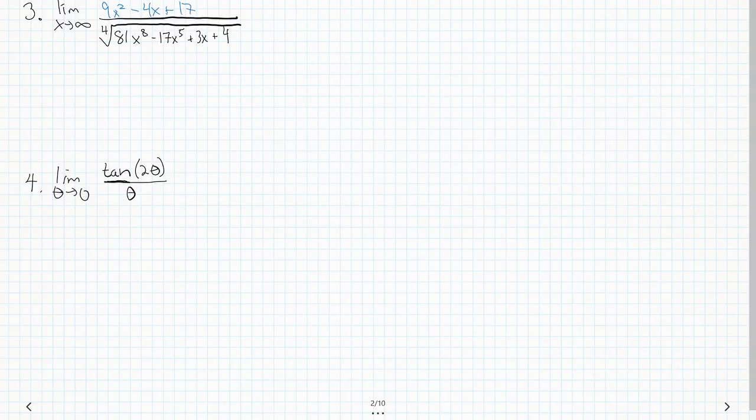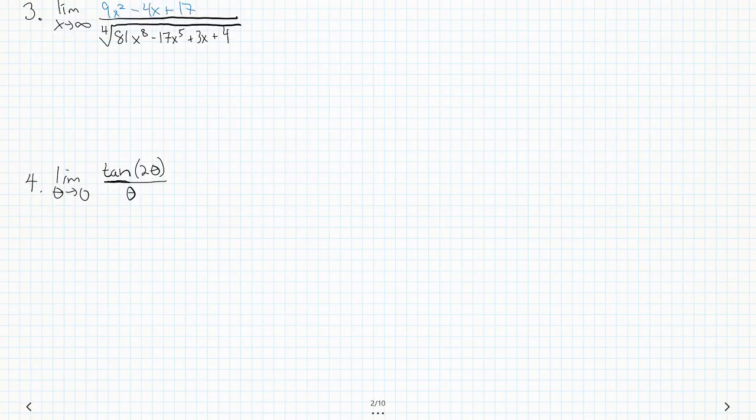Sorry about that being cut off there. Hopefully we can see that now. 9x squared minus 4x plus 17, all over the fourth root of 81x to the 8th minus 17x to the 5th plus 3x plus 4.